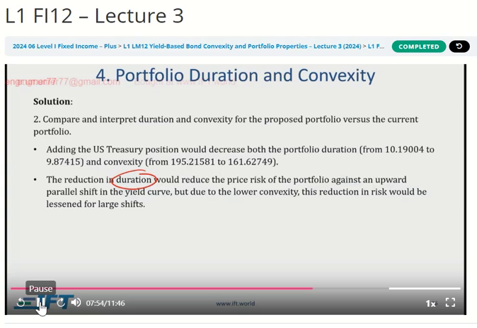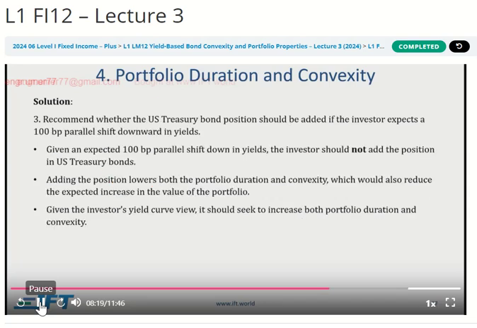But now the third one, where the interest rate is expected to go down, what would you do? Let me just pause here for a minute. Even if you haven't solved the third one, before I show you the answer, what do you think? By adding your US Treasury, you have actually decreased the duration and convexity. Now, is a lower duration good or bad if your interest rate is expected to go down? Yes, you are absolutely right. That is bad.